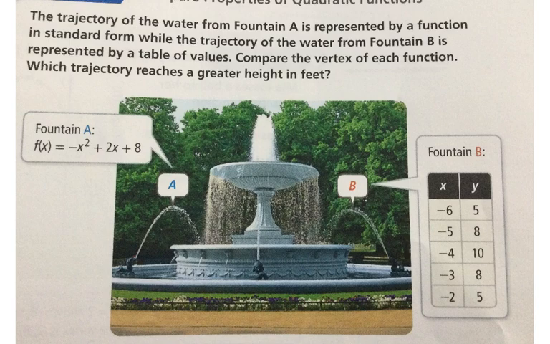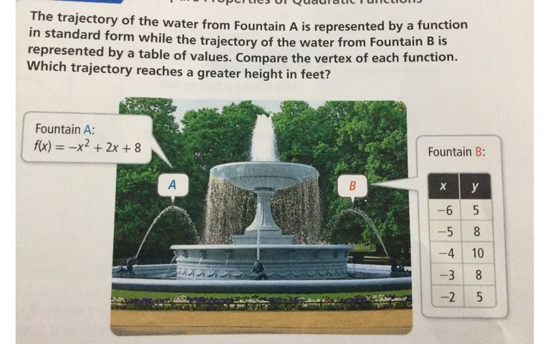Or you could look at the table of values. Or the way we find the vertex when it's in standard form, we can find the axis of symmetry by using the formula x equals negative b over 2a. In this case, that would be negative 2 over 2 times negative 1, which means the vertex occurs when x is positive 1.